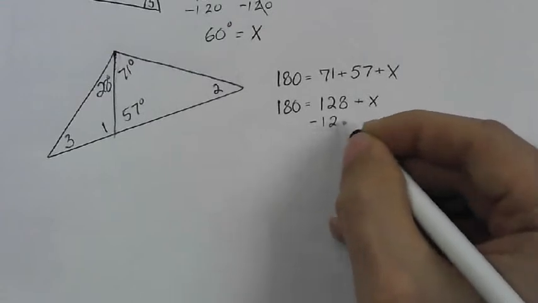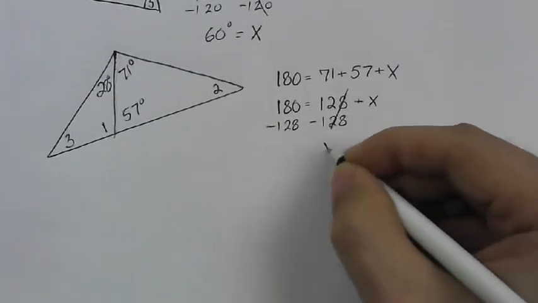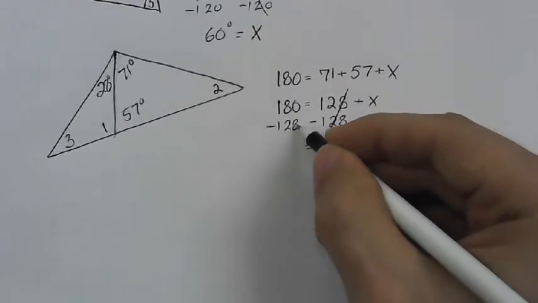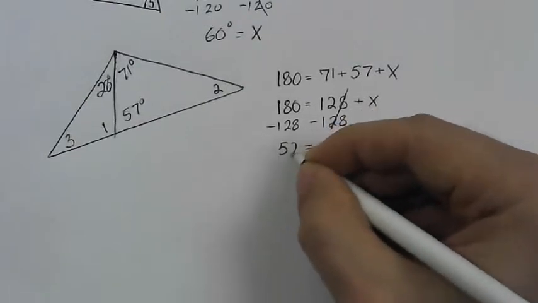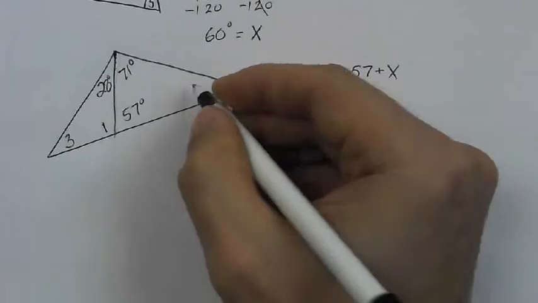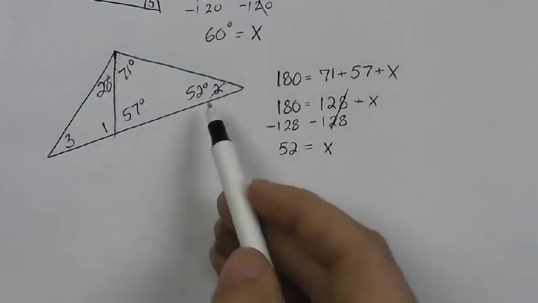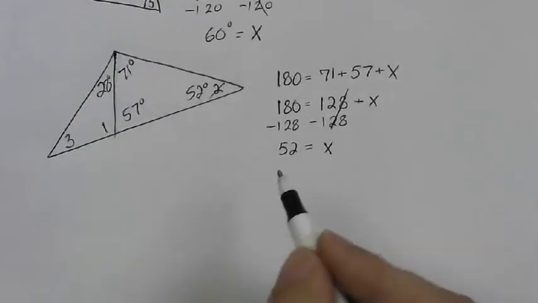So now I'm going to take away 128 on both sides. That's going to cancel. I get x right here. And on this side, 180 minus 128, that is going to be 52. So I know that this is 52 degrees. And if you wanted to check that, if you added 52, 57, and 71, it should come out to 180.